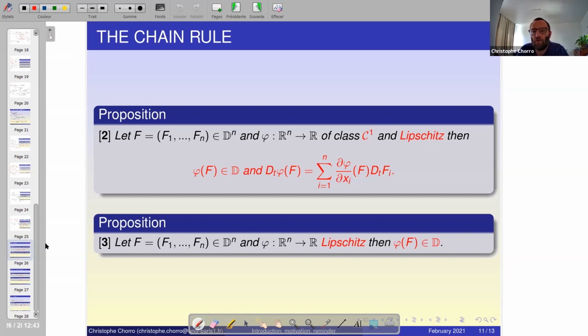I just want to show you the canonical principle of such proofs in this course, proofs that we are going to do several times. For the end of the session here, I will do it for proposition 2, and then I will admit the other results, just explaining the way to prove them. So maybe I will do again a 5-minute break, and I come back in a few minutes.